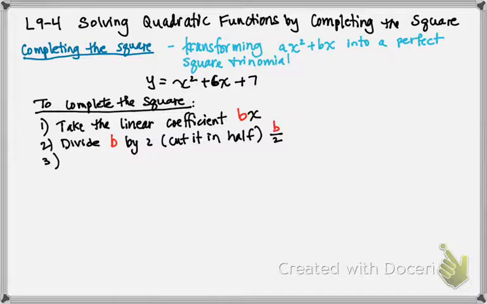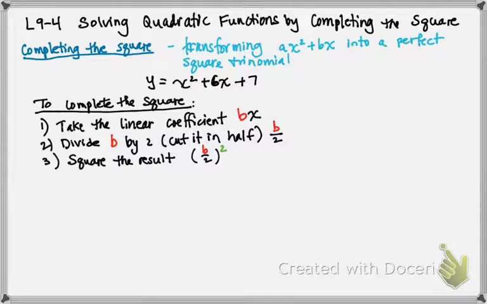And then we're going to square the result. So in other words, we're going to take that b over 2 and then square it. So now we've created a perfect square.